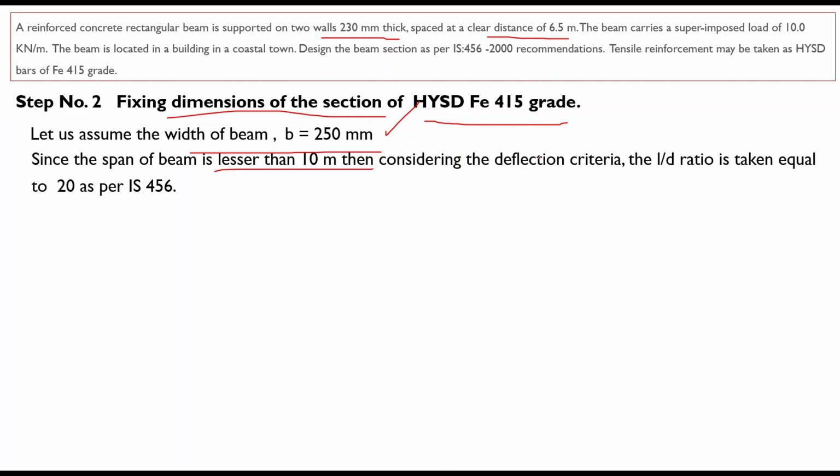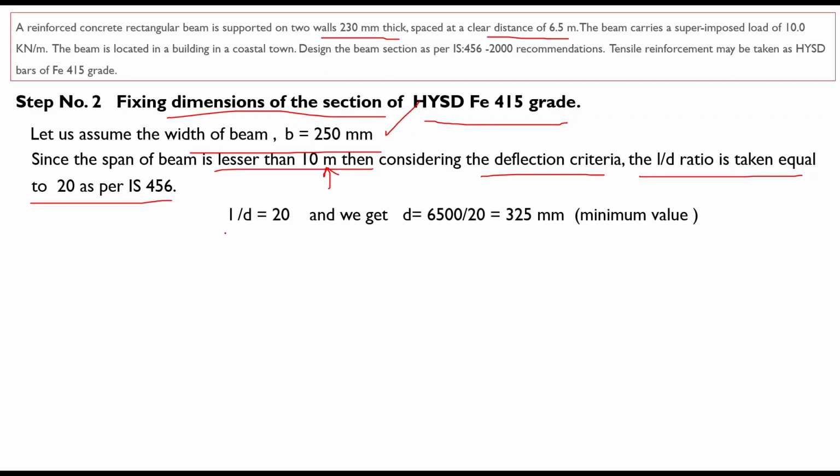And since the span of the beam is lesser than 10 meter, because the clear span distance is 6.5, and what the effective span will be we will calculate later on. So based on the clear span, since it is less than 10 meter, based on the IS code recommendation where we are considering the deflection criteria, the L by D ratio we can take equal to 20, because it is a case of a simply supported beam.